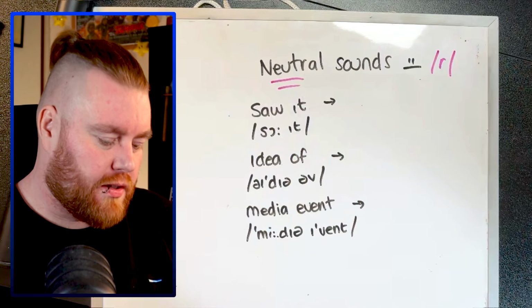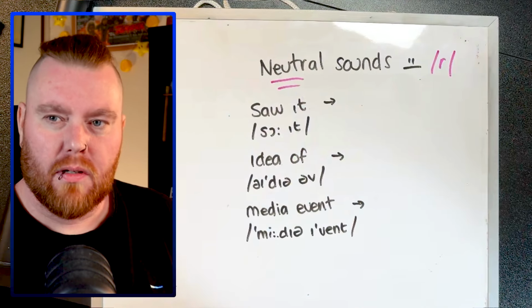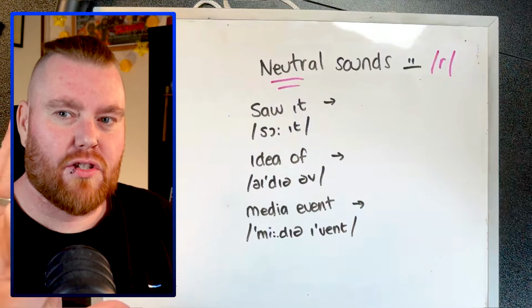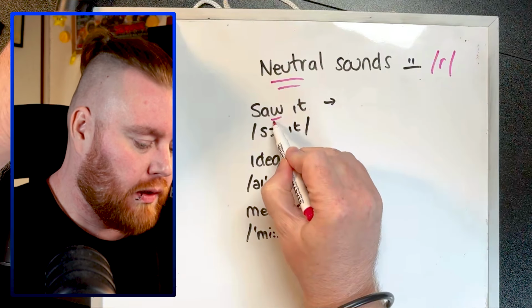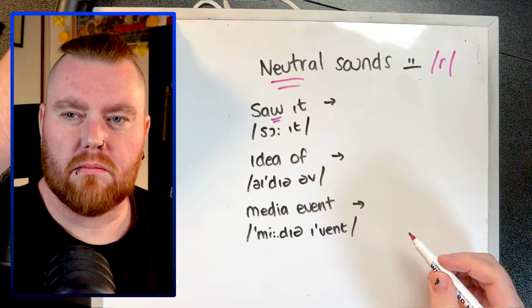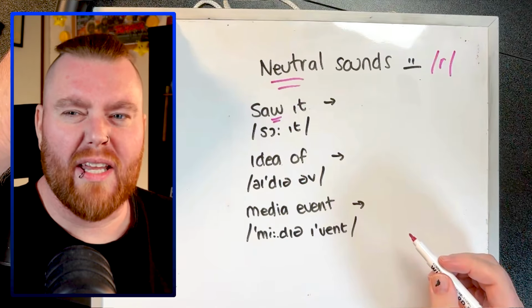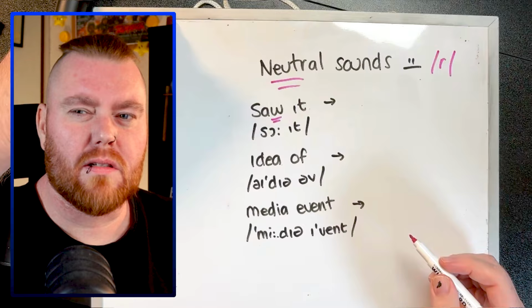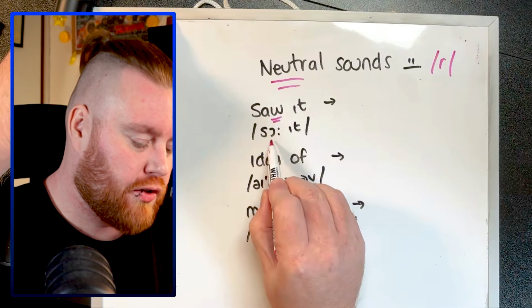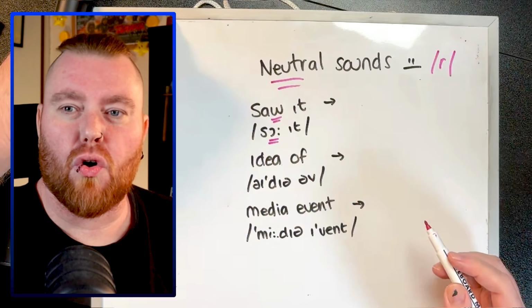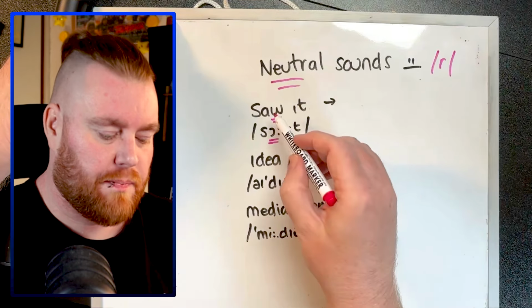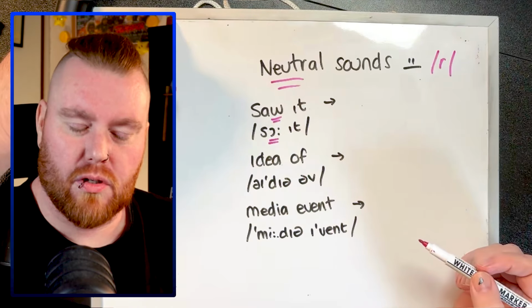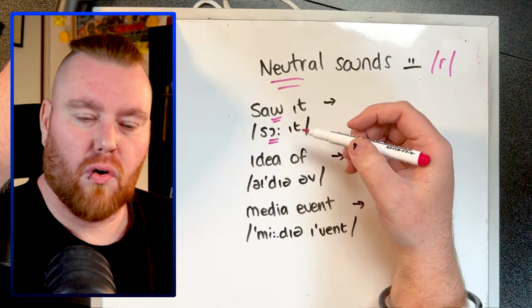Okay, so this is why it's really important to look at the transcript and not the spelling. Because we look at this, it ends in a w. But it's not. So if you look at the transcript, it actually ends in this or sound. So the spelling is no good. The transcript shows the truth. It ends in or.